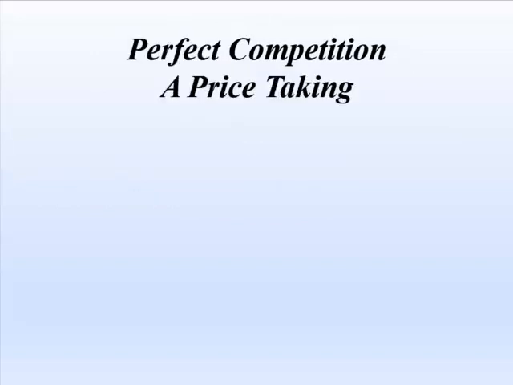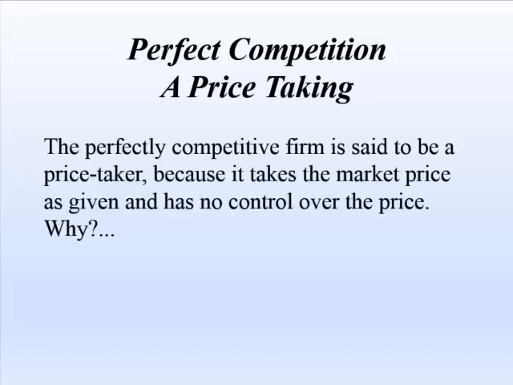Now, as I told you, in perfect competition the firms are price takers. What do you mean by this price taking? A firm is said to be a price taker because it takes the market price, as there is no control over the price.